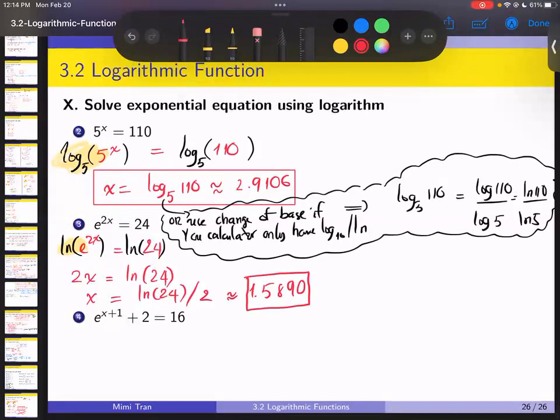Take a moment and do number 4. Maybe I should have boxed both answers because I want the exact answer and I want the approximation. Like that.